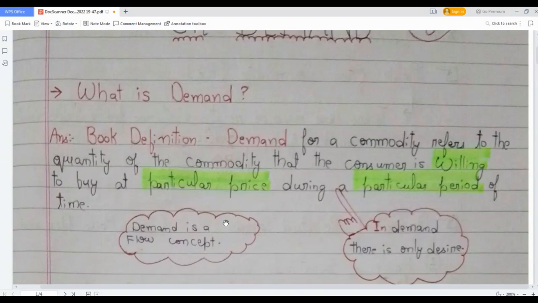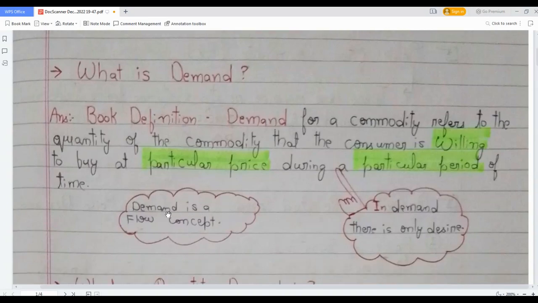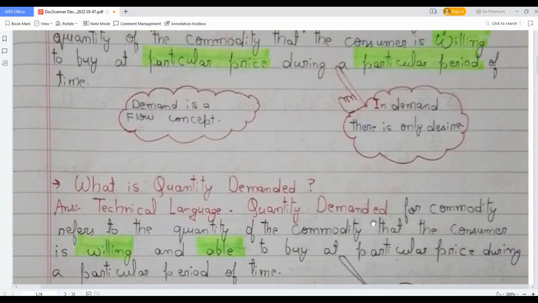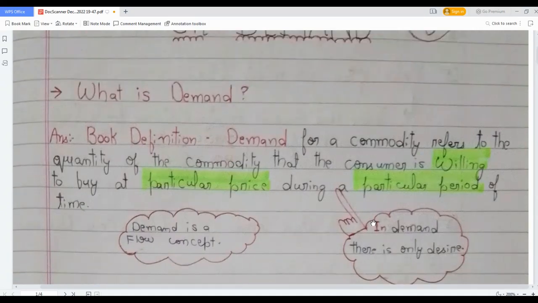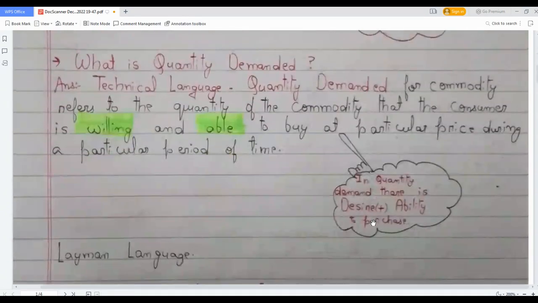In this case, we are not at all concerned about the ability of the consumer to buy. Demand is a flow concept. In demand there is only desire. There is no ability or purchasing power given in the definition of demand.